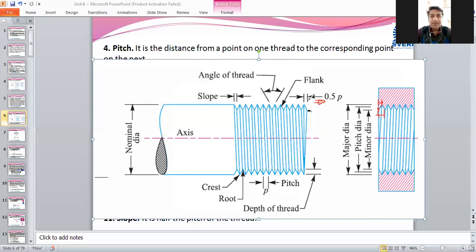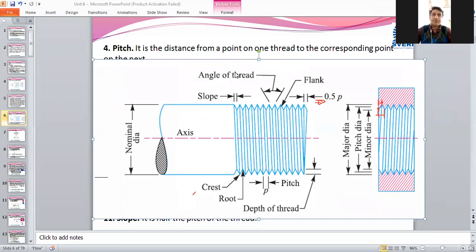Shivam, you have given the right answer, but I want that answer from Anil. Will you please unmute yourself? Or can you write in the comment box?